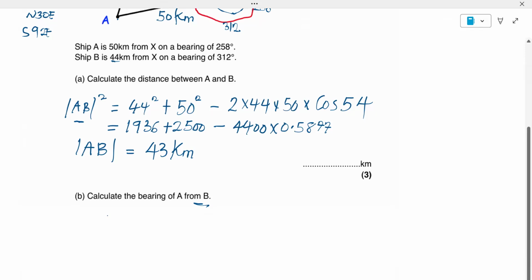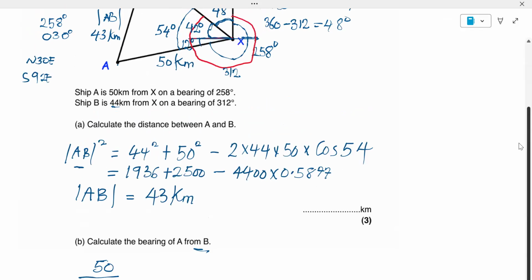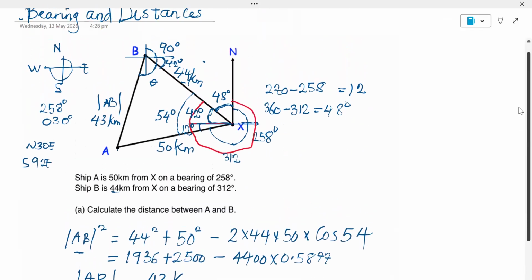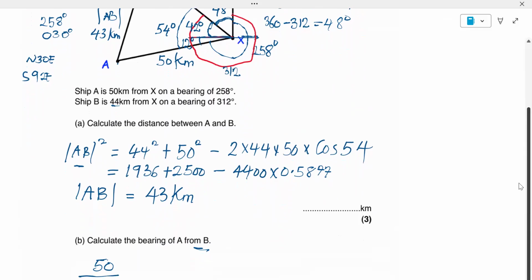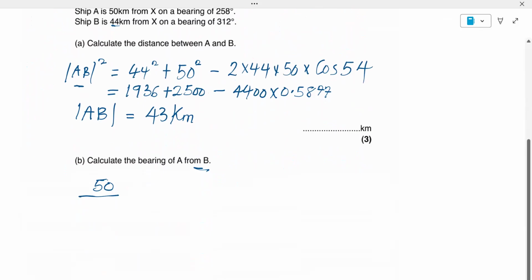we have 50 there, right? So let's go up and carefully look at that diagram again. So look at B, right? So 50 over sine theta, I labeled that theta, right? So 50 over sine theta is equal to, now the side that we just found to be AB is 43, right?